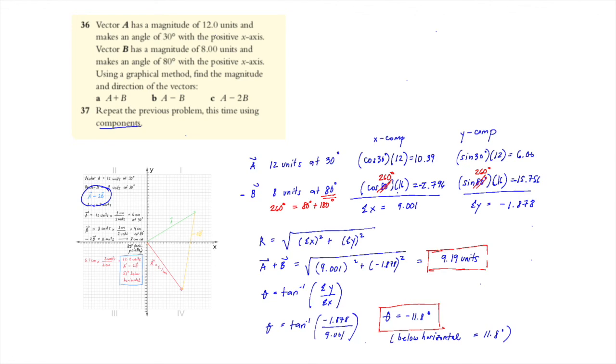That would be negative 15.756. Okay, so what is going to happen now with the summation of x and the summation of y? This one will be changed, and adding that will become 7.612, and then this one will become negative 9.756.